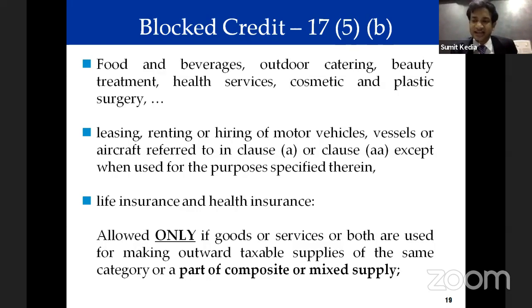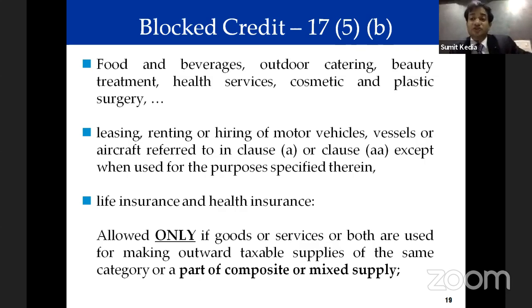So what they are trying to say is, if ITC is allowed on purchase of vehicles, then their leasing and renting also will be allowed. But if it is up to 13 seats, where ITC is not available, in that case, leasing, renting, hiring of motor vehicle up to 13 seats, ITC will not be eligible. So basically the same logic of clause A, purchase of vehicles, is applied here also.